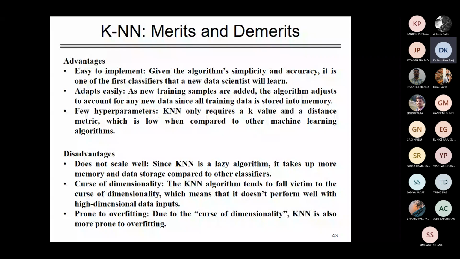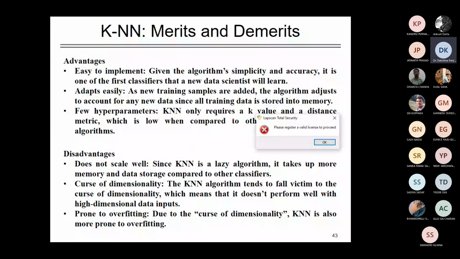So when new data comes into the training data set, it must be stored in memory. When we predict or classify a new sample or query sample, only then do we do the computation.